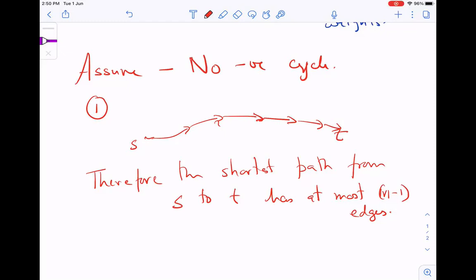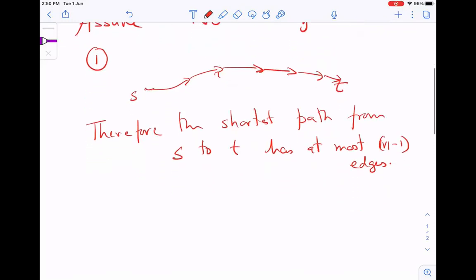Now, can somebody say how we can break this into smaller parts? I want to find out the shortest path from S to T in at most V minus 1 number of edges.